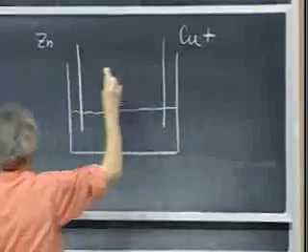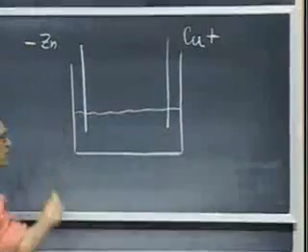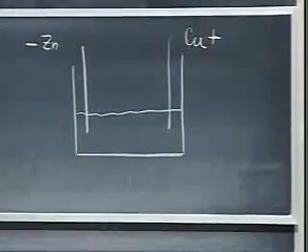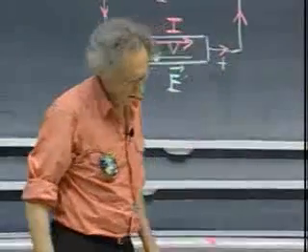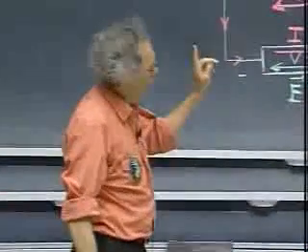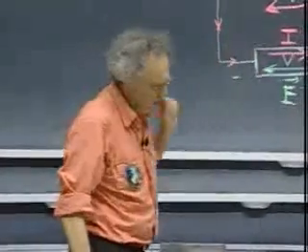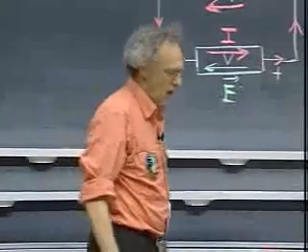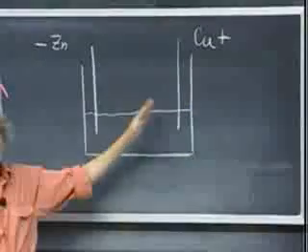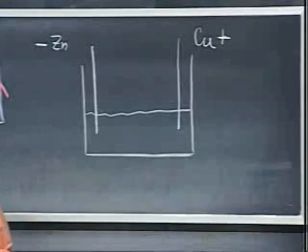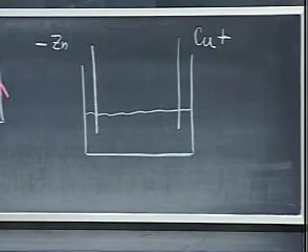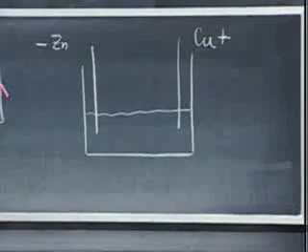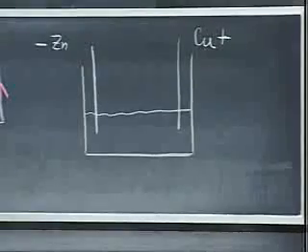This side will become positive, and this side will become negative. You will get a potential difference between these two plates. To understand that really takes quantum mechanics. This goes beyond this course. But the potential difference that you get is normally something around 1 volt.